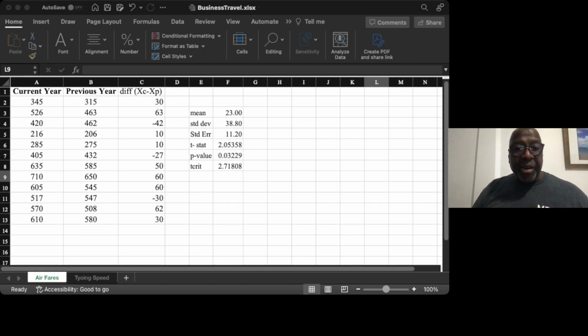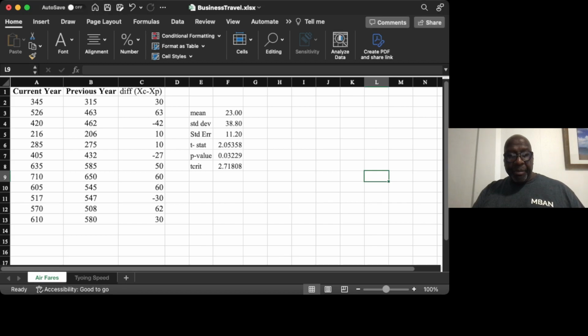And then I have a standard deviation of 38.85. Let me just confirm that that is indeed correct. 38.80 divided by the square root of 12. Let's make sure that's what we're doing.